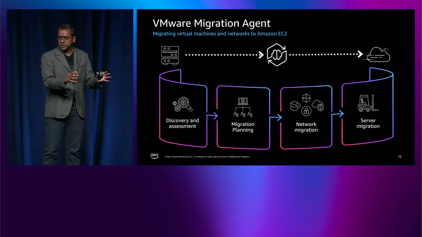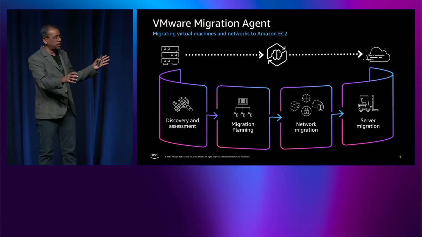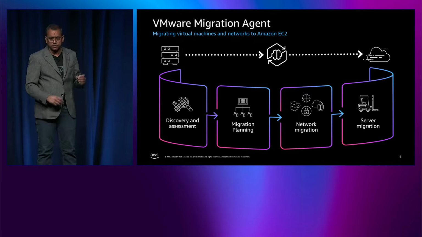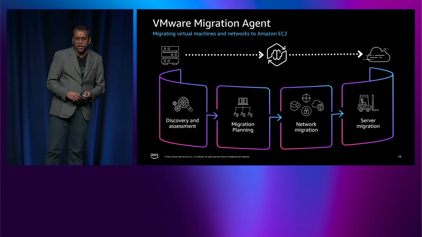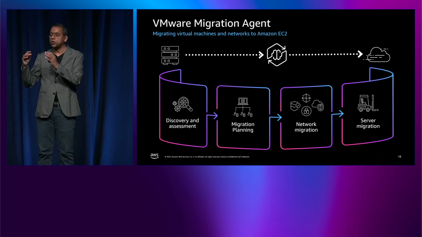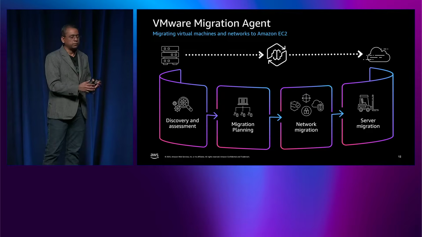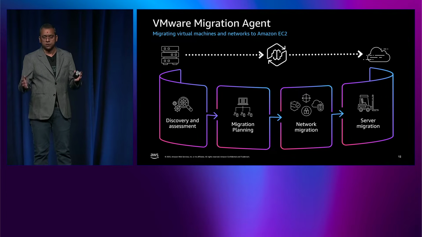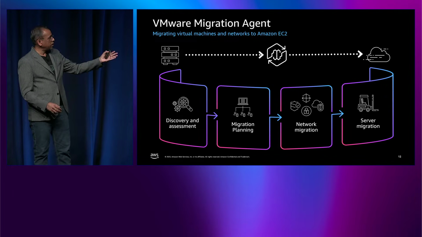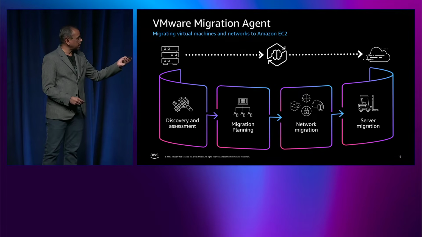That's a domain in itself, so we have an agent, as part of the bigger VMware migration agent, which takes care of that functionality. Second is migration planning, because you don't want to just look at the technical dependencies. You also want to look at your business factors, constraints, ownership, and business priorities, bringing all of those things together in migration planning. That is the second agent.